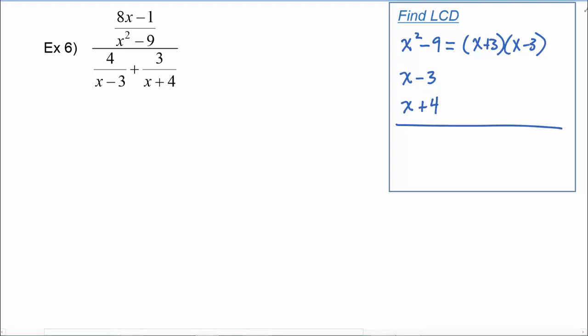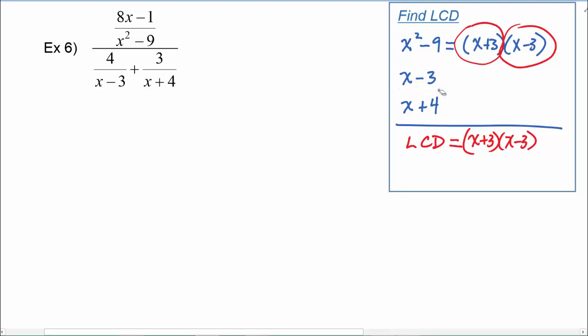So our least common denominator is going to involve an x plus 3, an x minus 3. Now this x minus 3 is already taken care of, and then an x plus 4.